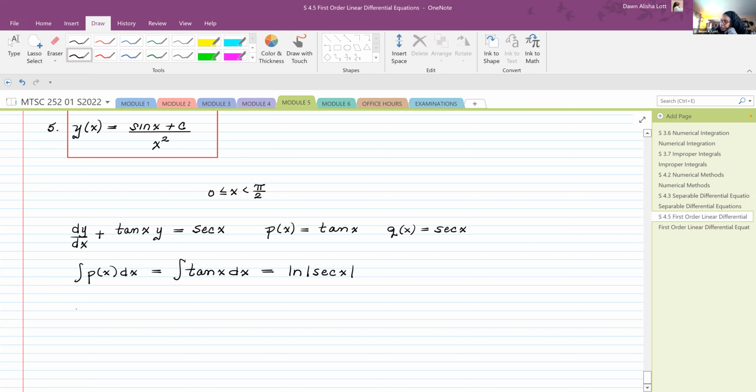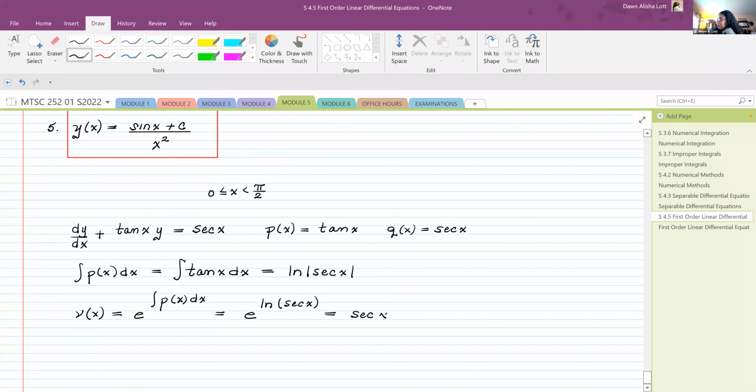So therefore, when you get to your V of x, which is e to the integral of P of x dx, that is e to the natural log of the secant of x, which just becomes the secant of x.